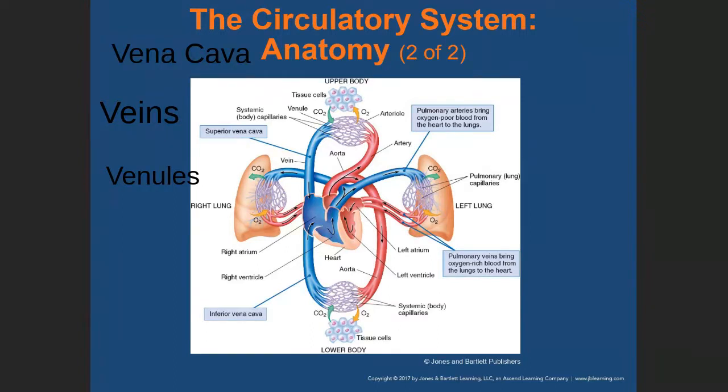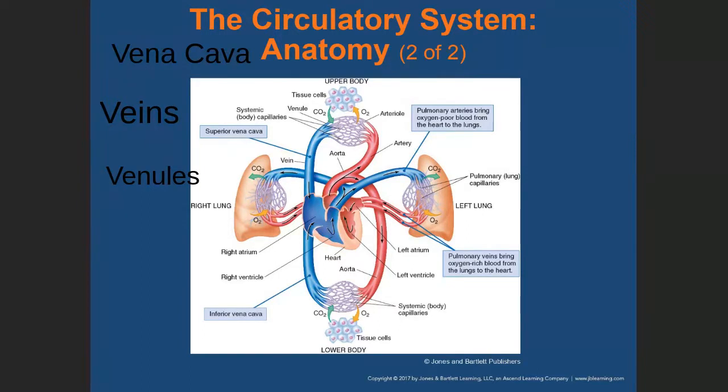Now, unlike the arteries, the veins are low pressure vessels, so there have to be valves inside the veins, right? These valves are present to prevent the backflow of blood. Now, all veins transport blood towards the heart, right?